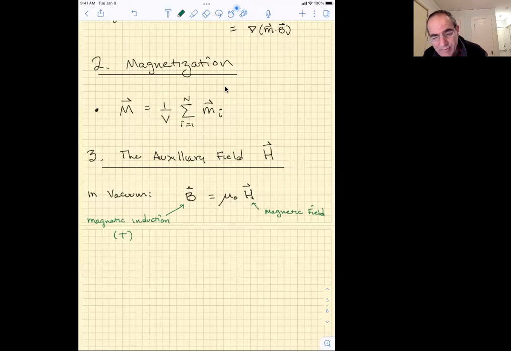Although in fact, everyone just calls it the H field, and that's what we're going to do from now on too. And it has units of amperes times meters, or Oersted. And finally, mu naught is a familiar constant. It's the permeability of the vacuum, 4 pi times 10 to the minus 7, and it clearly has units amp meters divided by Tesla. Okay?